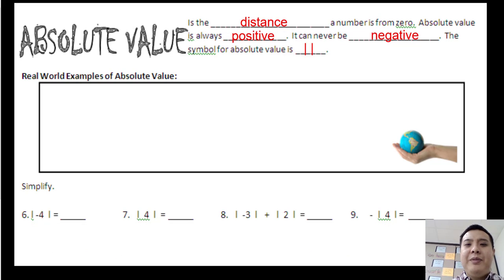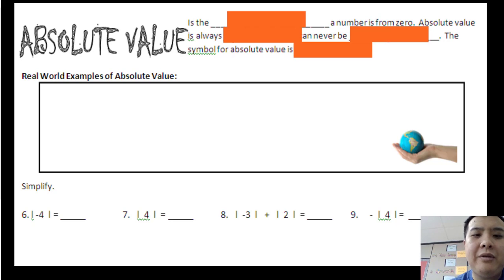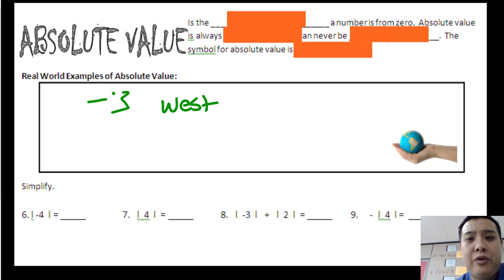So examples of this in real life include talking about direction. For example, if we say that we went 3 miles east, then go 4 miles west, we don't say that we go -3 miles west. We say we go 3 miles east.